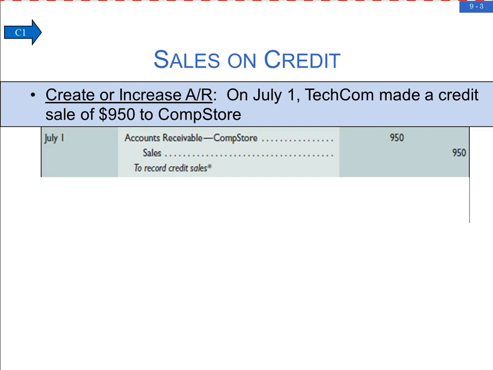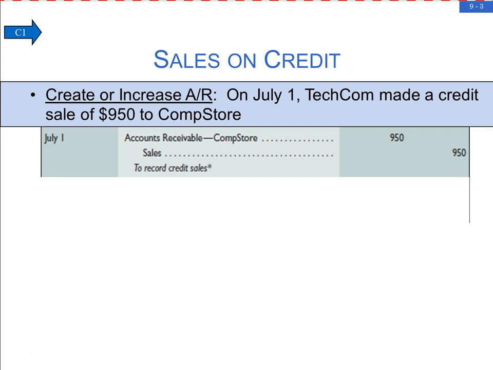Our general ledger will have hundreds or thousands of accounts receivable, but we will just publish a summary called accounts receivable that totals up all of the amounts owed to us. But we do keep track of and have general ledger accounts for each individual customer of ours.